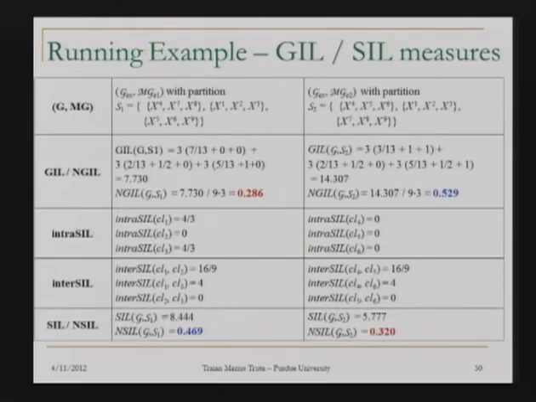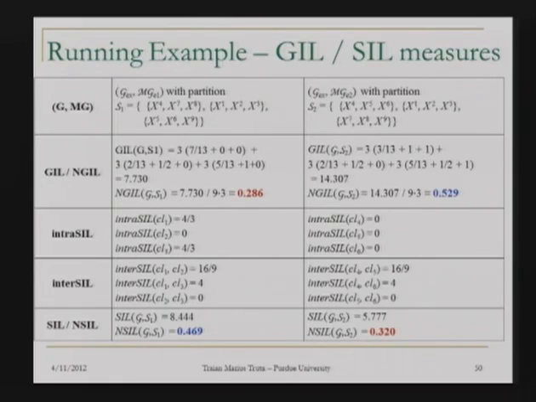And we compute those values, and this is actually true. As you can see, the red one is the one that is optimized. For the first one, the value is obtained as 0.286 versus the second one 0.529, and vice versa for the normalized structural information loss.